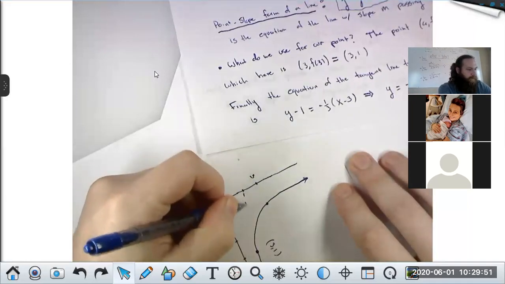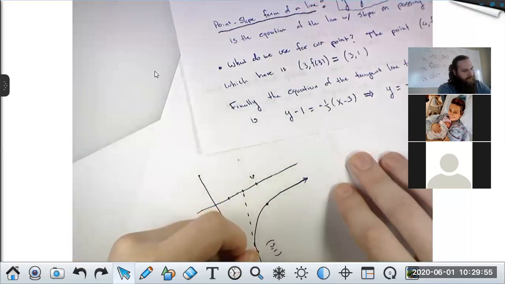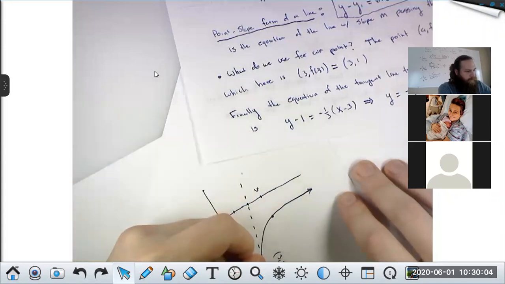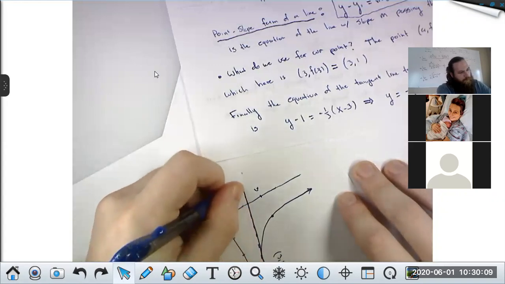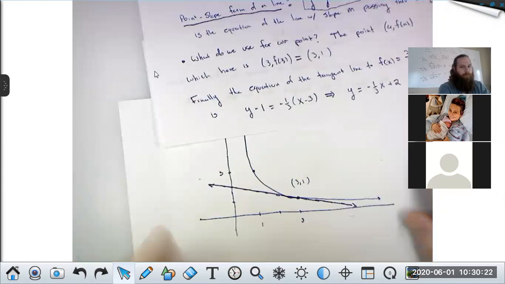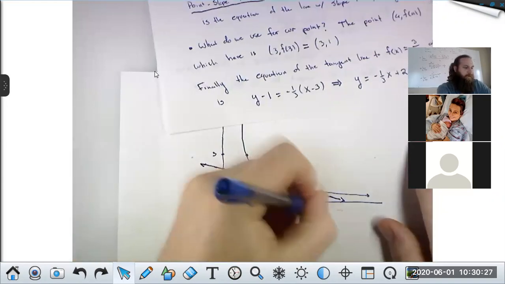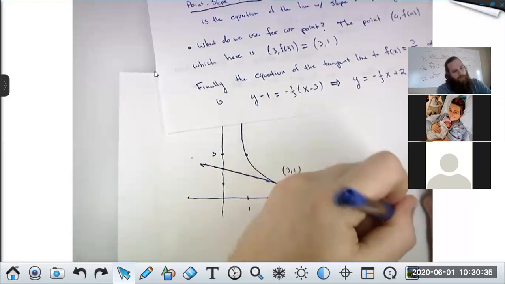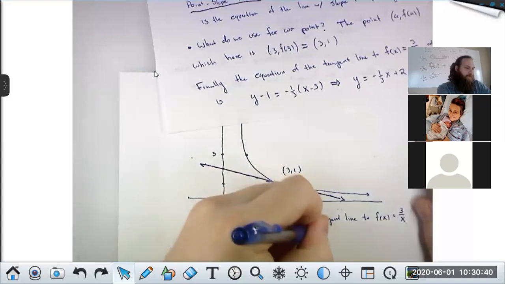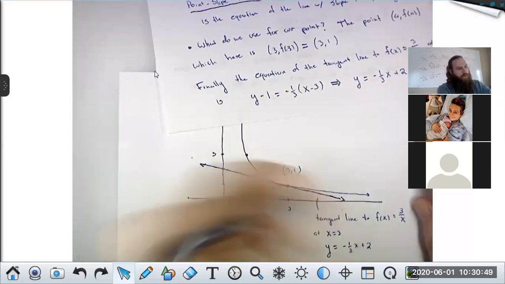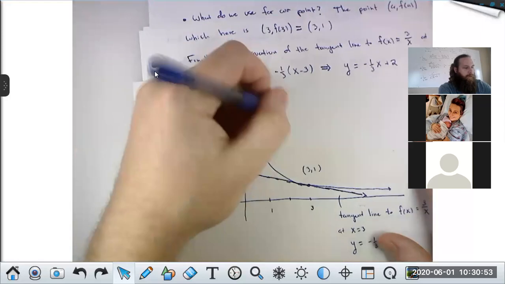So my tangent line looks like this. And this graph, the whole big graph here, is f of x equals 3 over x, of course.